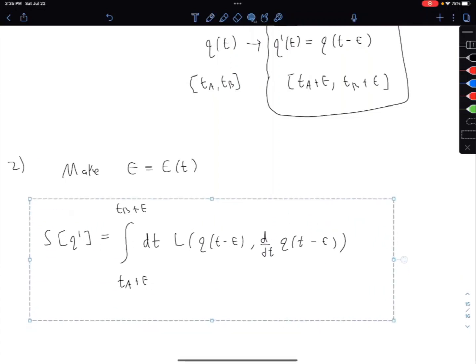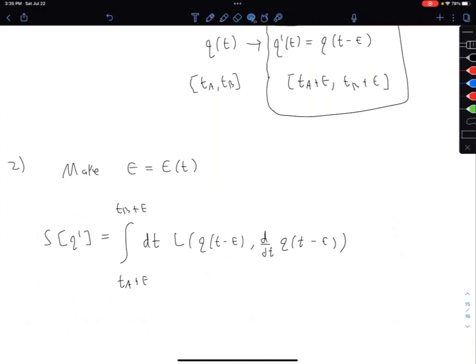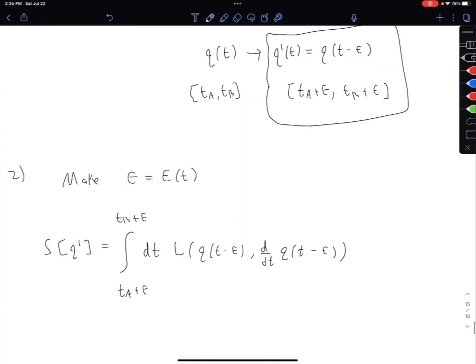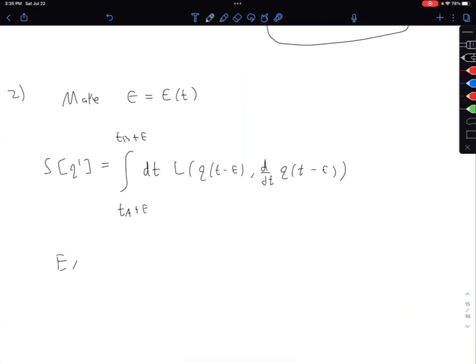And then stick the deformed trajectory, where epsilon now depends on time, into the action, and you'll get this. Okay? Then we need to expand this. The first thing we should do is figure out what this derivative is.